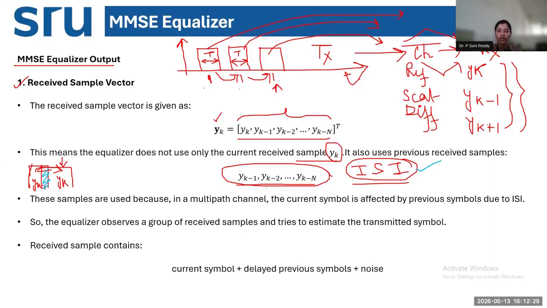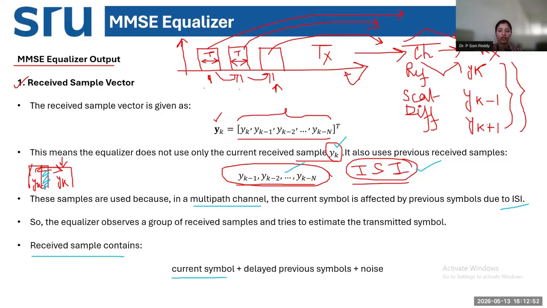So at the receiver, I will have interference of the current signal with the previous symbols that were transmitted, because of the multipath effect or multipath channel leading to ISI. So what is my actual received signal at the receiver side?